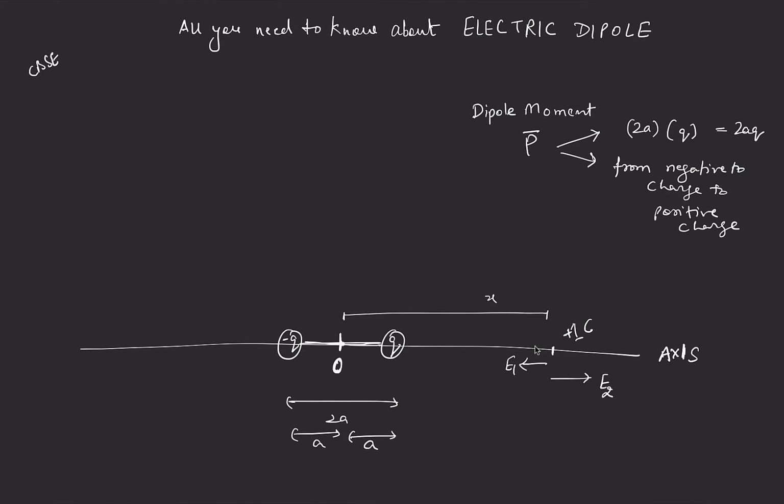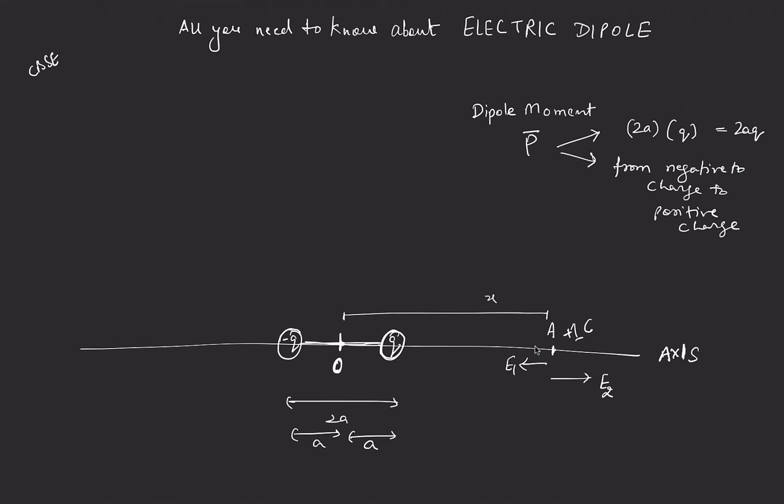And since the magnitude of the charges is same, the charge which is closer to this point, let's say this point is marked as A, which is this positive q charge, will have higher electric field.